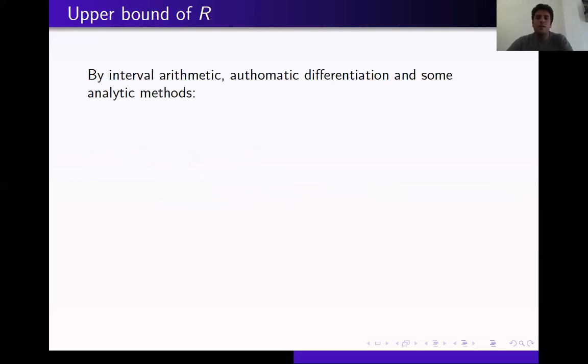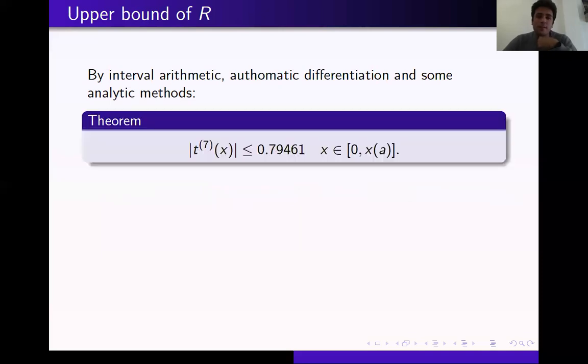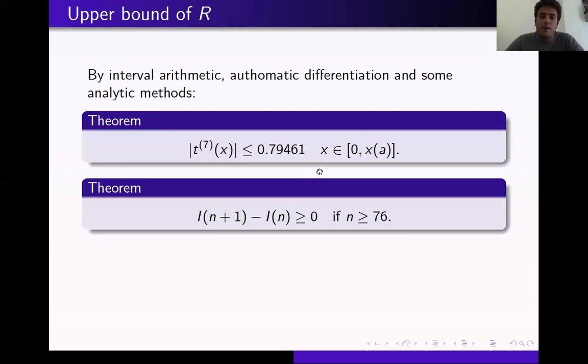Now we go into the upper bound, and I'm near the end of the talk. So the idea to show the upper bound, the capital R, I will mention in a second. But before, let me say what's the value and what's the result. The seventh derivative can be proven to be upper bounded in this interval by 0.79461, whatever, some constant.